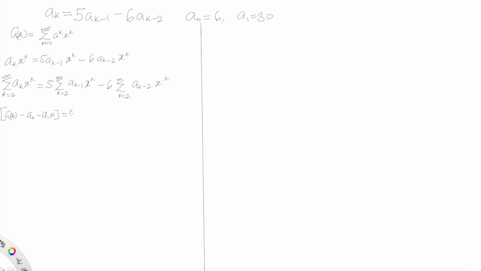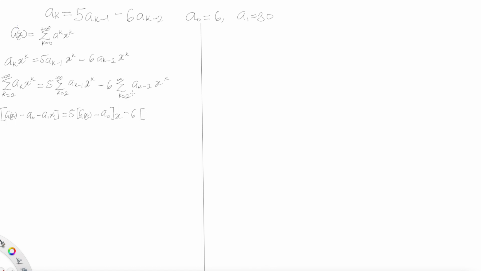So equals 5. In this case the difference here is 1, so you just subtract 1 term from your generating function. So g of x minus a naught, and since there is a 1 here, you multiply by x raised to the power 1, which is just x, then minus 6.